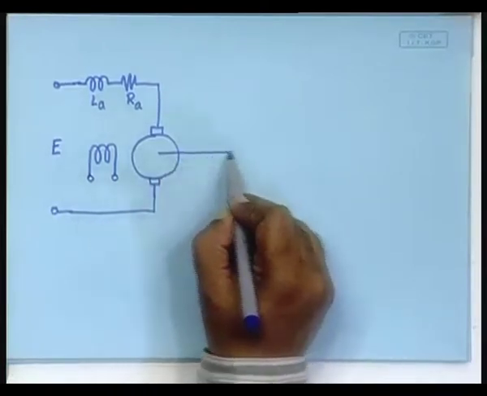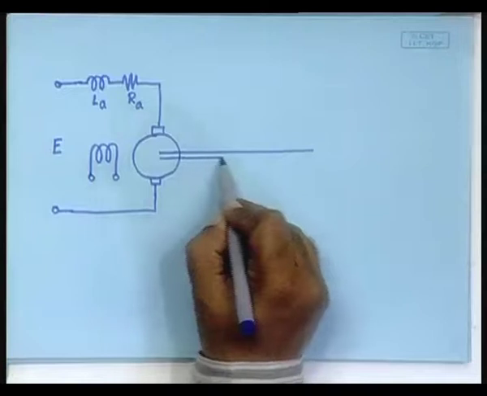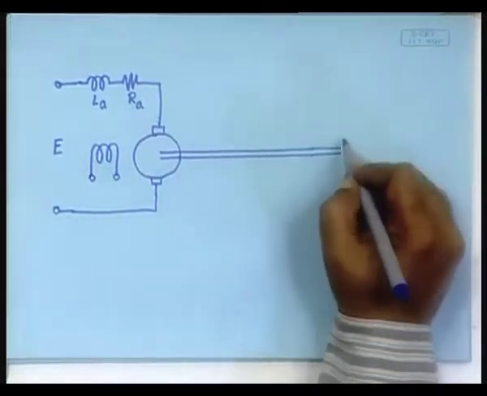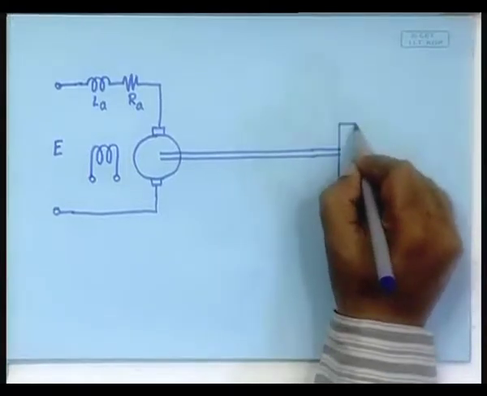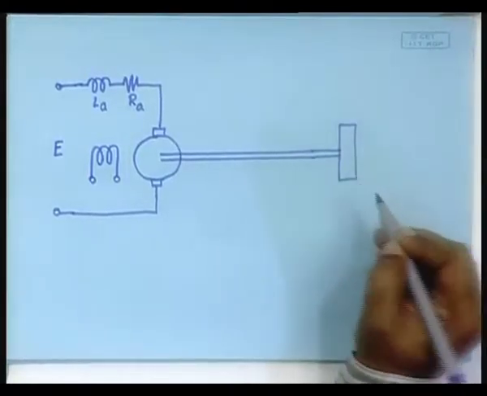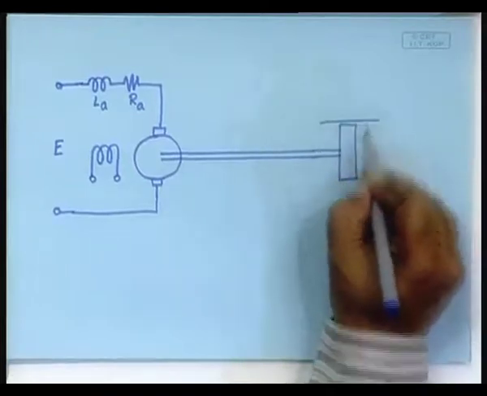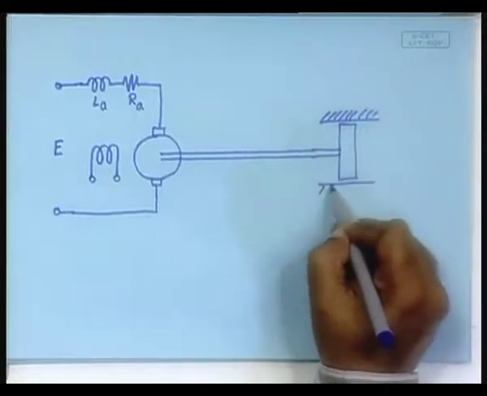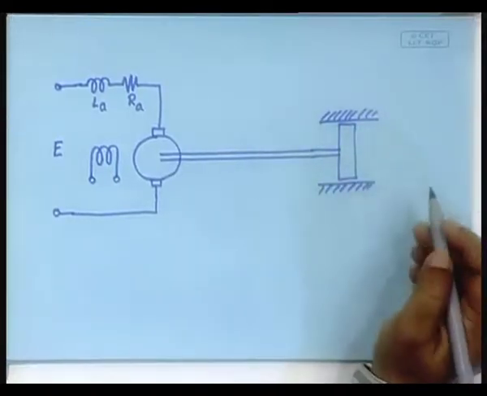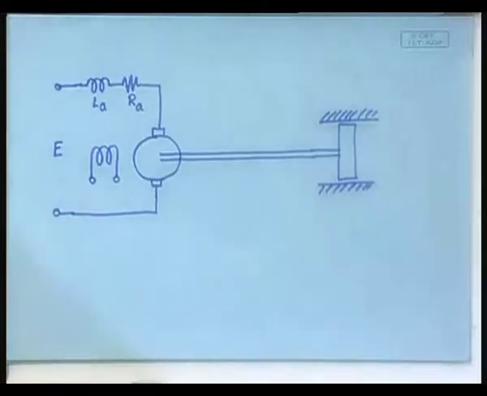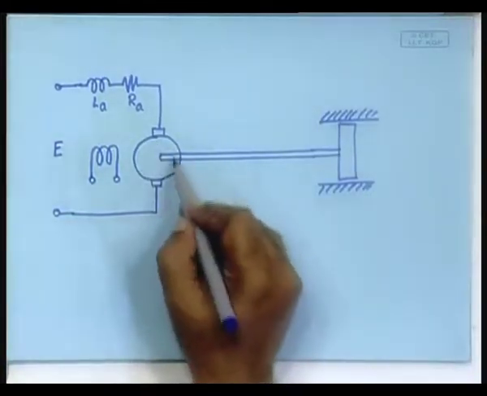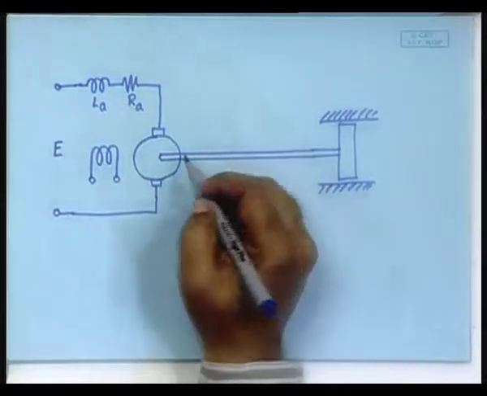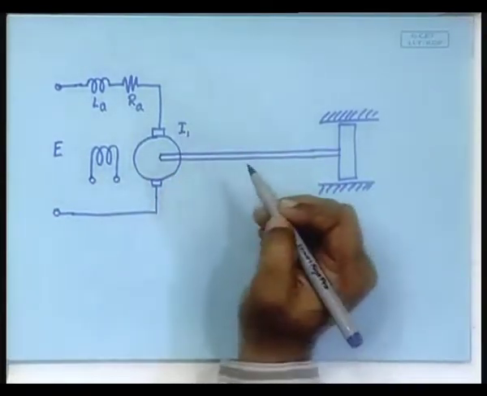So, from here there is a shaft, and the shaft is moving something, say a disc with some mass. Now, this armature has a mass or moment of inertia, assume that to be I1.